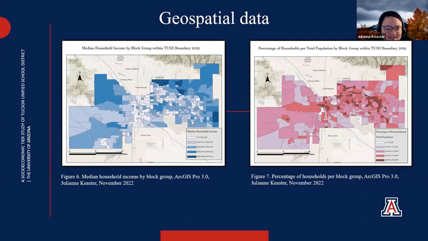So figure 6 is the median household income by block group. And again, the darker colors represent higher income. So you can just get an idea of the income situation of the different populations living within each block group in TUSD.